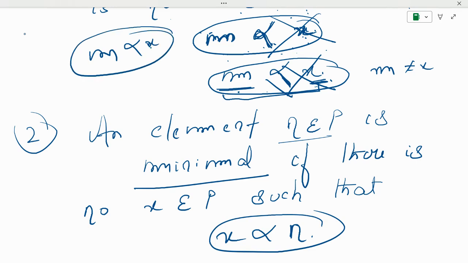There is no X such that M has an associativity with X, and there is no X such that X has an associativity with N. We'll see what this means through some examples.